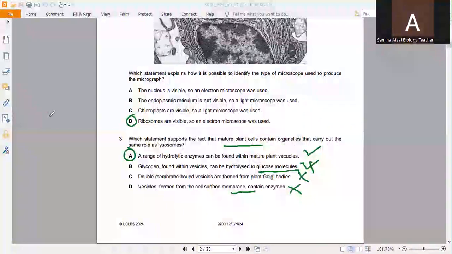So they perform many functions, including storing nutrients and toxic materials. So these hydrolytic enzymes break down the macromolecules like proteins, nucleic acids, and polysaccharides. And same is the case in the animals which is performed by the lysosomes. So here in this case, A is the correct option.